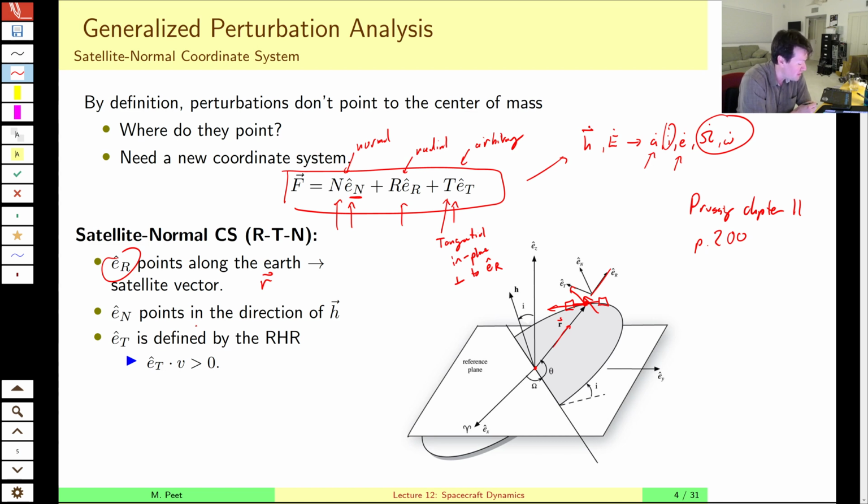Note that the tangential direction is not necessarily in the direction of the velocity, although it can be. This could also be negative, by the way, if you're going the opposite direction, if you have a retrograde orbit or something like that. So tangential, radial, normal.